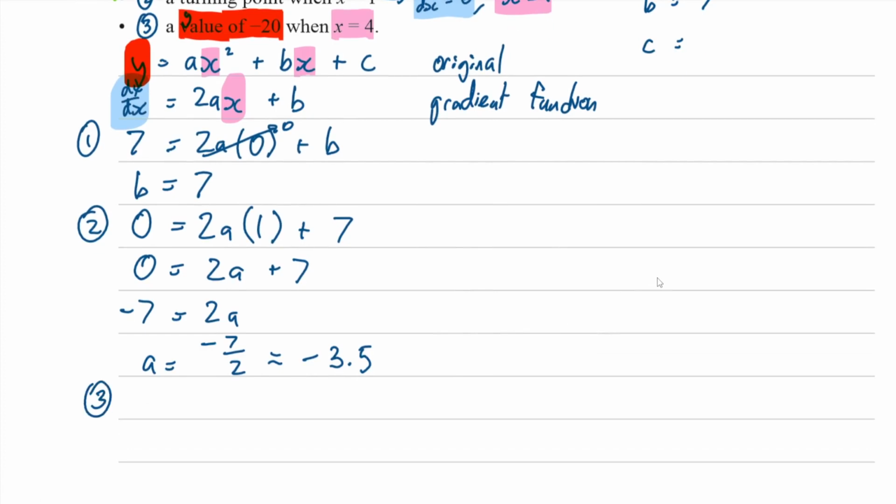So in for y in our original function goes minus 20, a we worked out is negative, I'll use a fraction, negative 7 over 2, in for x goes 4 squared, plus b was 7, in for x goes 4, plus c. And so now you'll see we have one equation and the only unknown is c, which means we can solve.